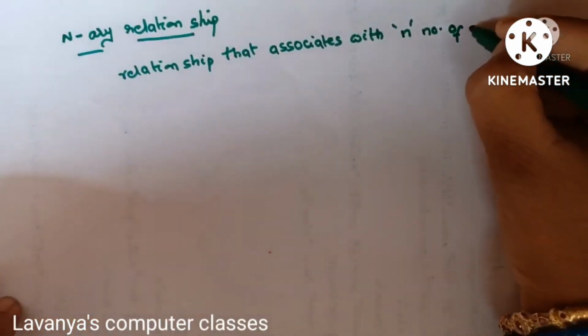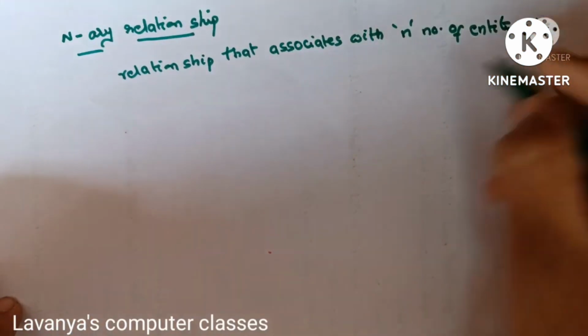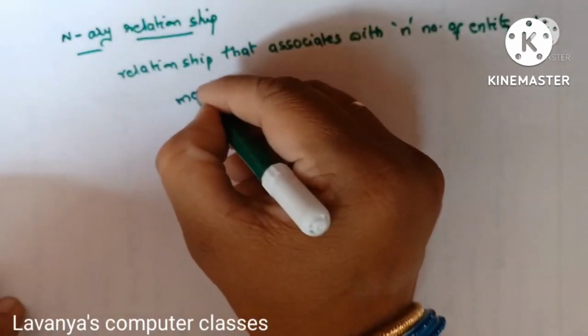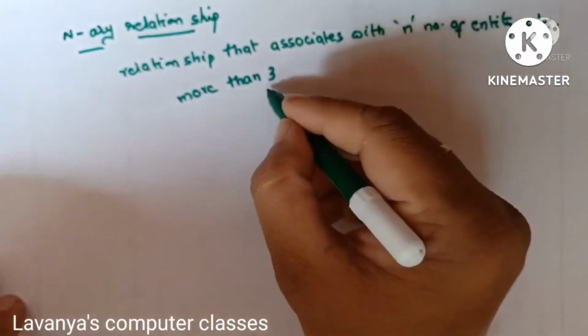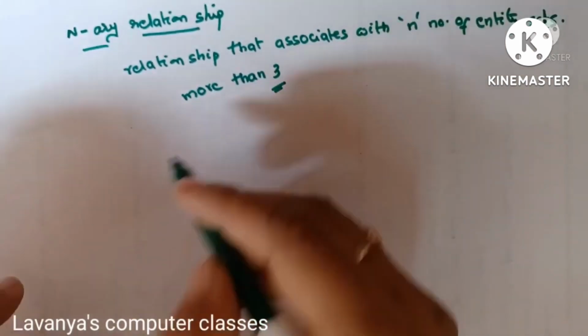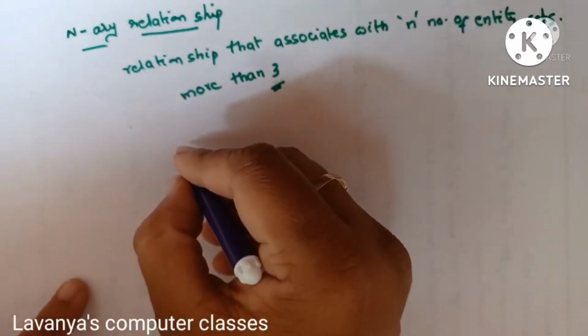N number of elements, N is any number. Up to 3 there are proper names, so more than 3, any value, is called an n-ary relationship.